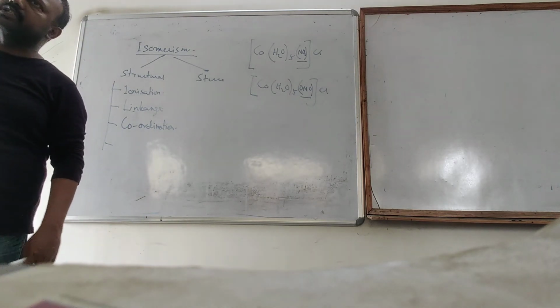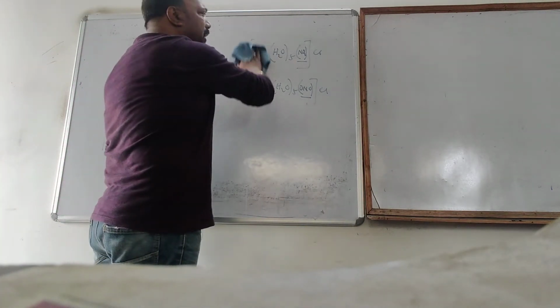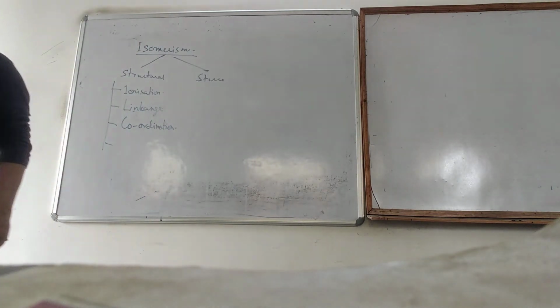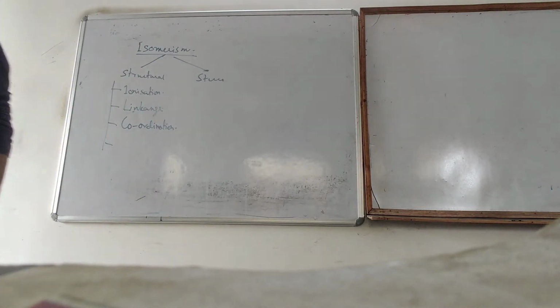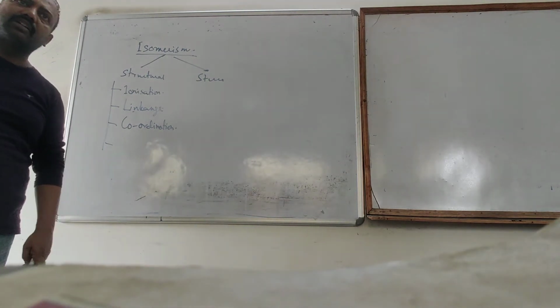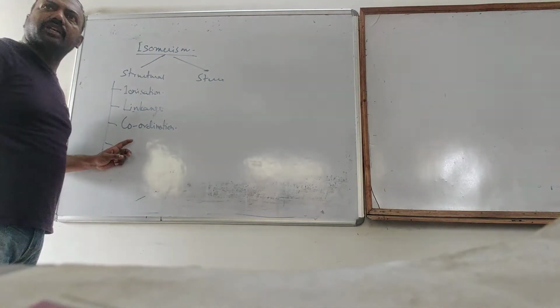That is what we studied till now. Coordination isomerism is found in those coordination compounds where both the positive ion as well as the negative ion are complexes. That's the first point. There only we see coordination isomerism.